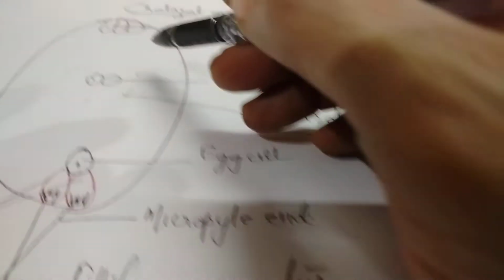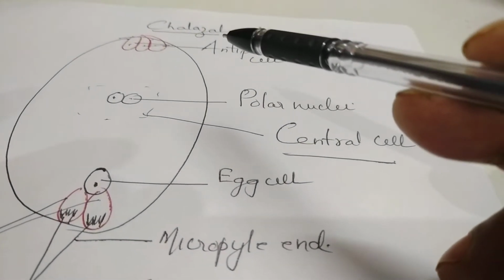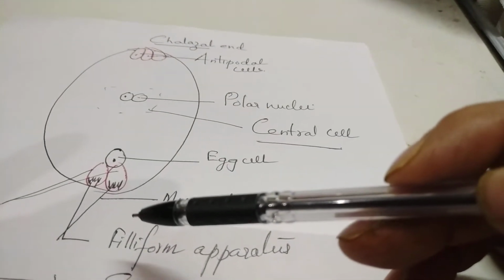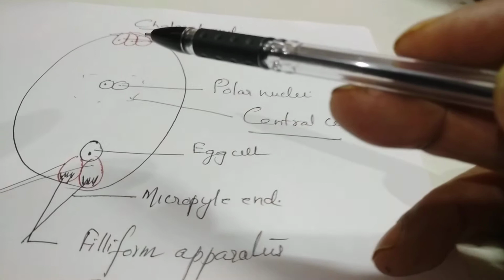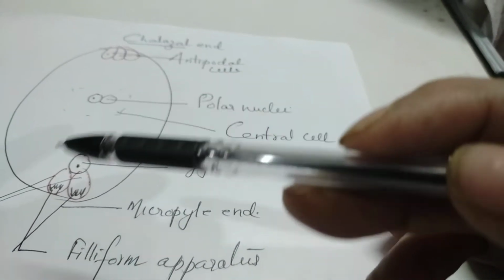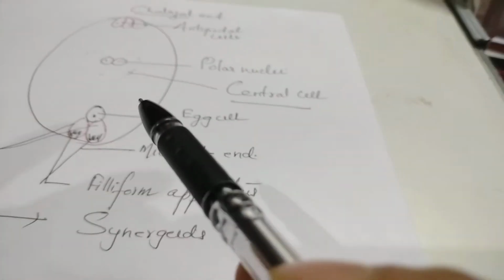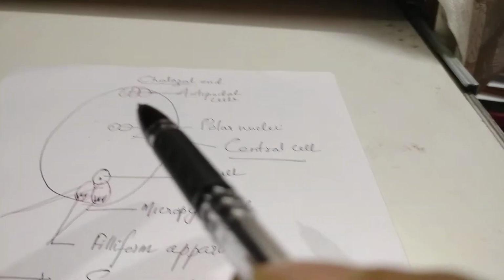Now just have a look at the picture here. You can see this is the embryo sac, this is the chalazal end, and this is the micropylar end. Now how many cells do you see here? 1, 2, 3, 4, 5, 6, 7, 8. 8 nucleate cells are there, but it is a 7-cell stage. How?